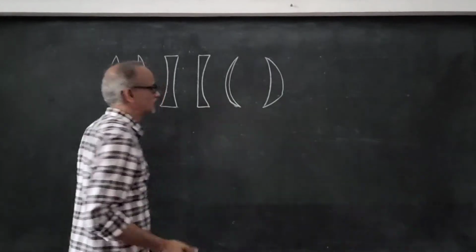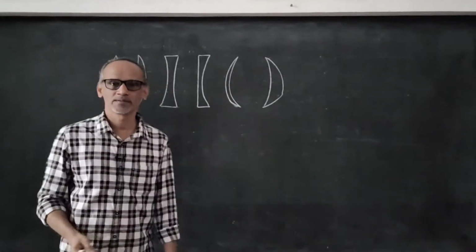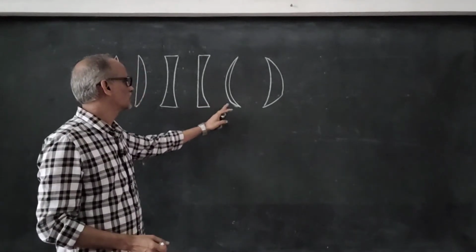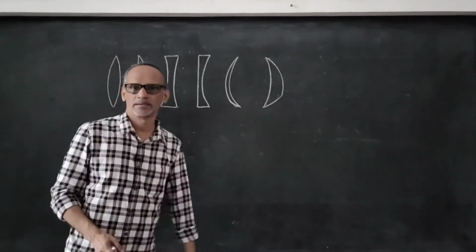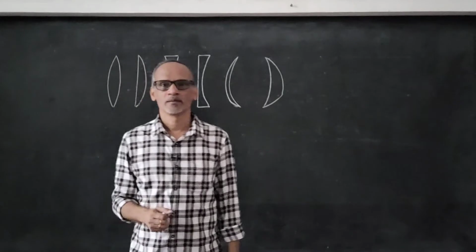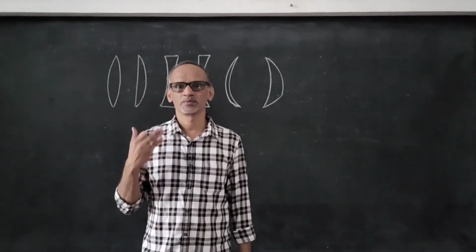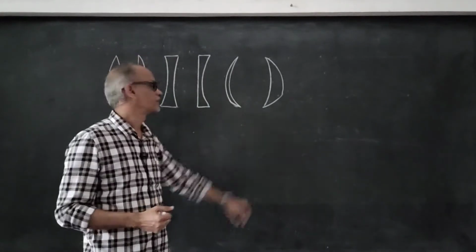Then we have two lenses which is a combination of convex as well as concave. This is called convexo-concave lens, and this is called concavo-convex lens. So these kind of lenses are highly used in spectacles, to correct our vision. So these are the types of lenses which are used.